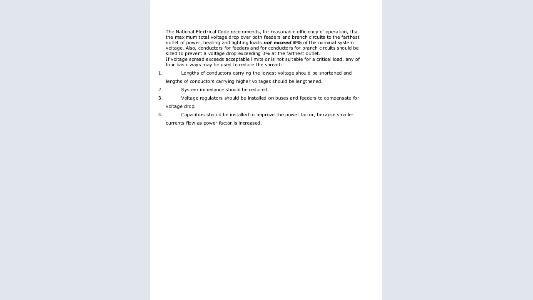Also, conductors for feeders and branch circuits should be sized to prevent voltage drop exceeding 3% at the farthest outlet. If voltage drop exceeds acceptable limits or is not suitable for the critical load, any of four basic ways are used to reduce it.